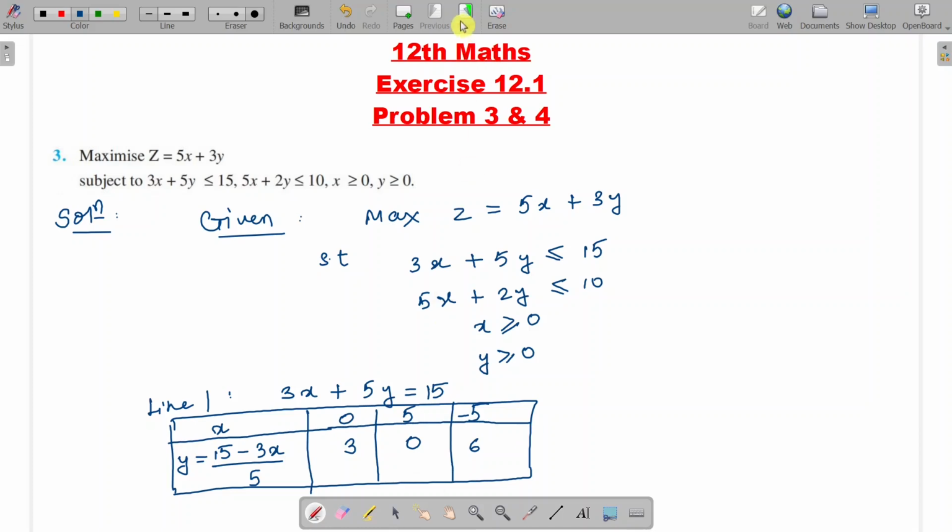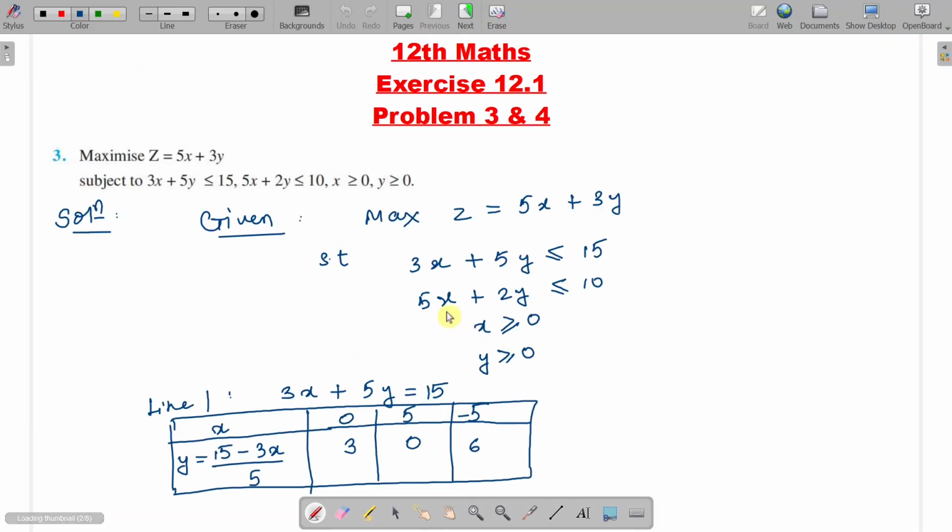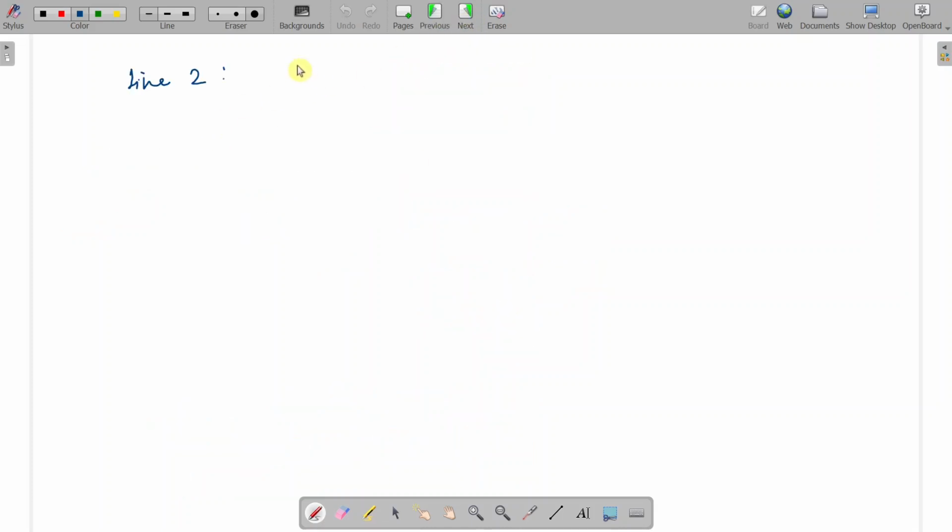So now let us go to the line 2. So line 2 is this 5x plus 2y less than or equal to 10, which will be 5x plus 2y equal to 10. So 5x plus 2y equal to 10, right? So we will take x and y will be what? 10 minus 5x divided by 2.